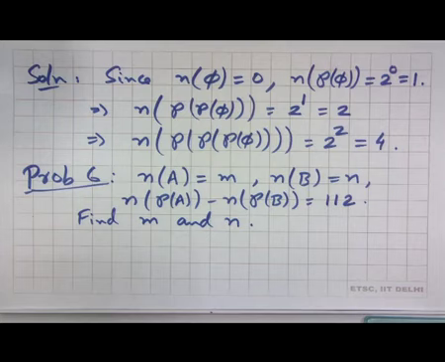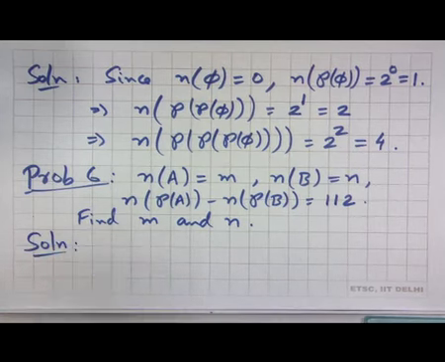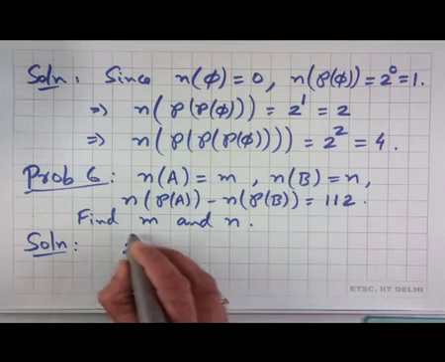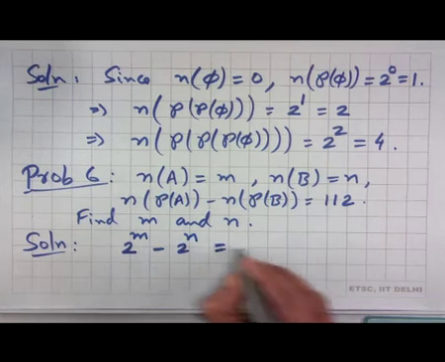So, if you know the difference of the number of elements in power sets of A and B, we want to find the number of elements in A and number of elements in B. So, what is given here is 2 to the power m minus 2 to the power n is equal to 112.